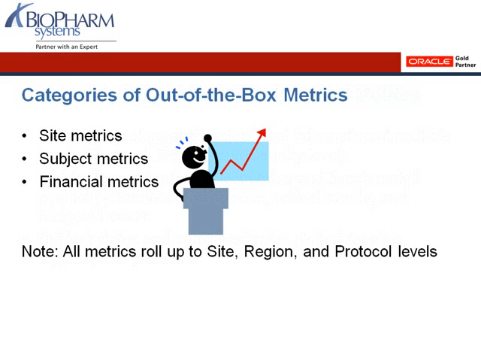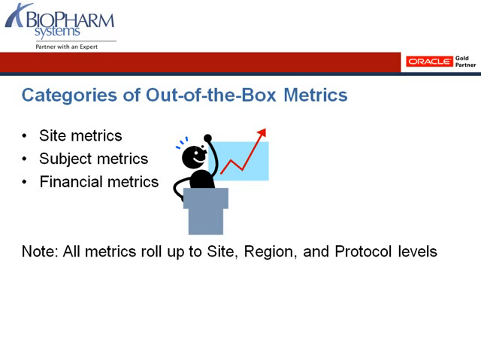So what I want to do today is start by looking at what metrics are available out of the box with Siebel Clinical Vanilla. So if you've implemented Siebel Clinical Vanilla or are thinking to do so, we want to look at what metrics are available out of the box. There are a few categories of metrics that are available in the base product.